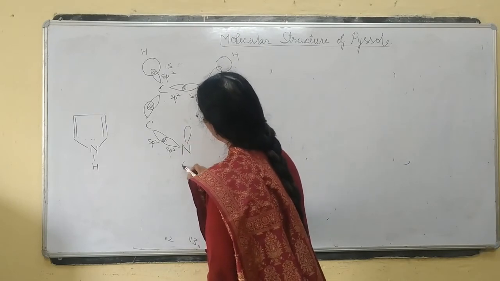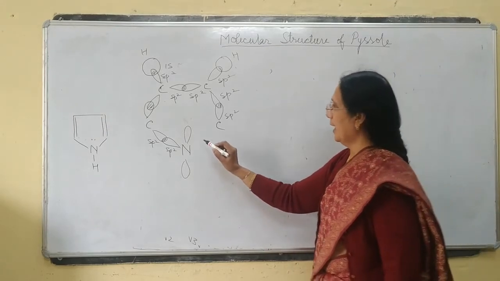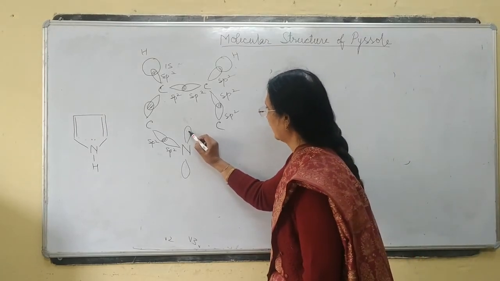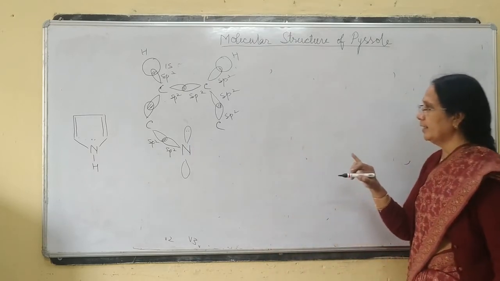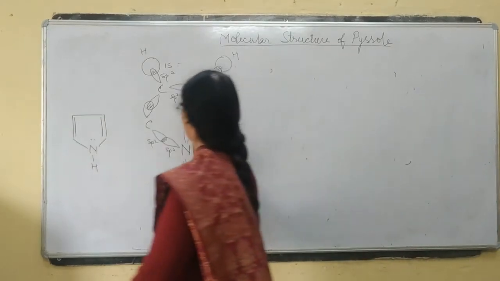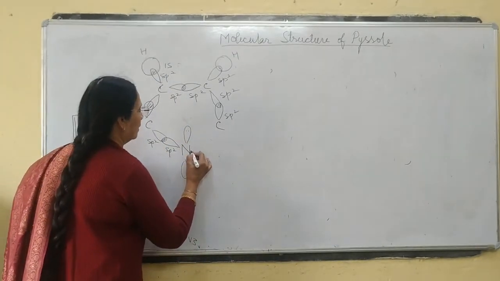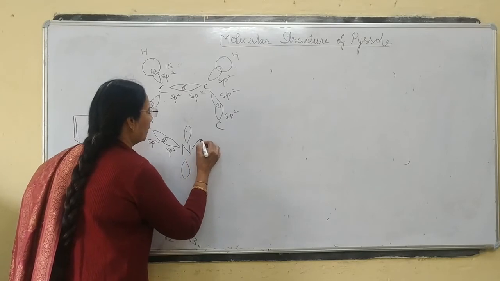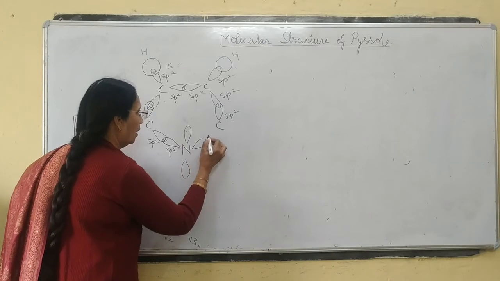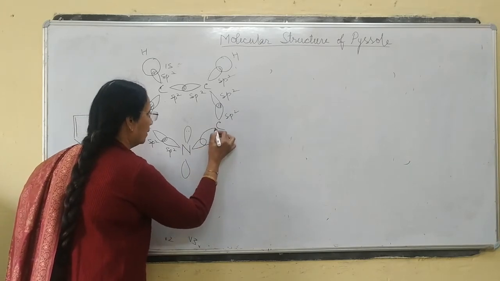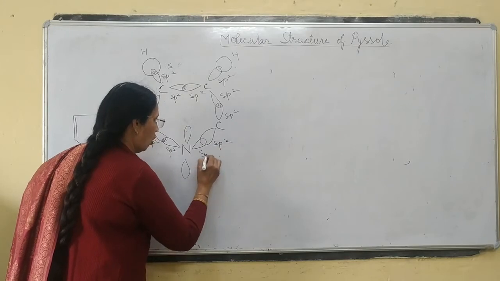The pz orbital of the nitrogen atom having 2 electrons is at 90 degrees, on the z axis, and another sp2 hybridized orbital overlaps with the carbon atom's sp2 hybridized orbital.